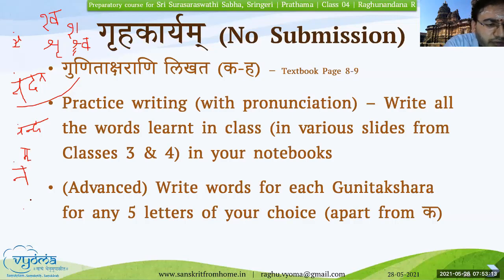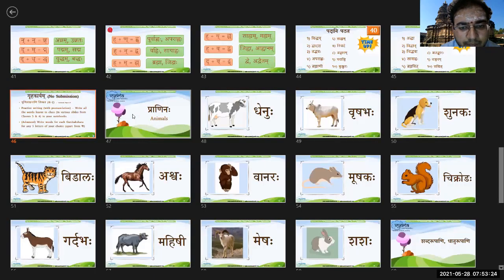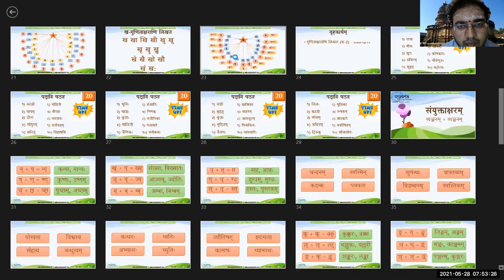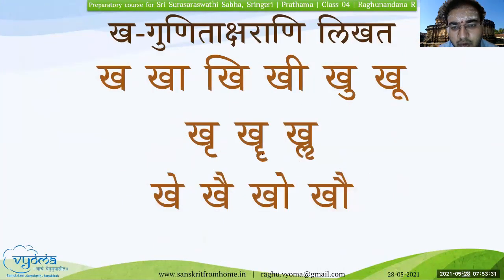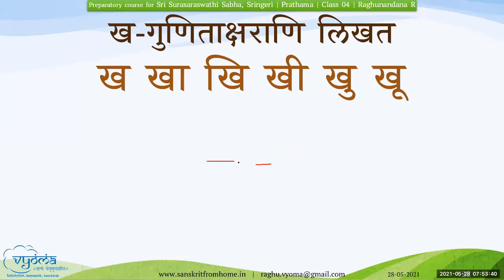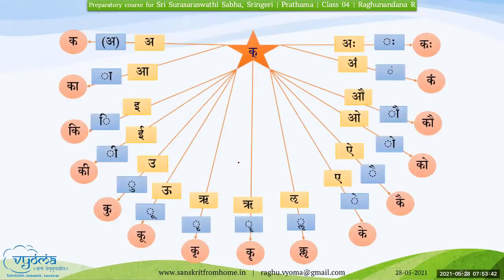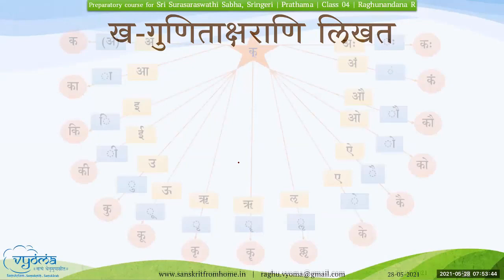I'll try to see if I can explain it. If that slide is brought up, then it would be easy for others to understand. Okay, sure. I will get that slide. So we will take this. In this slide, maybe you can see this. Is this the letter you're asking about? Yeah, this one was what I knew, but in your previous class, this Dirgha was written with only one half circle below the letter.